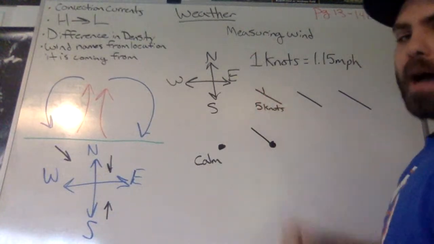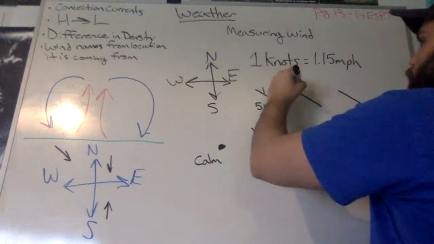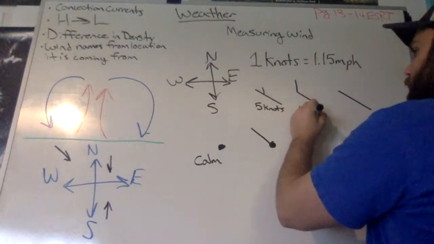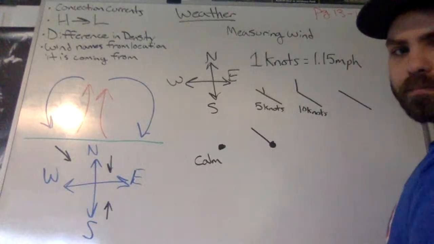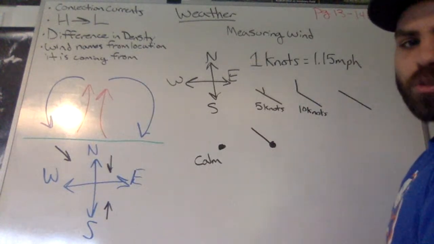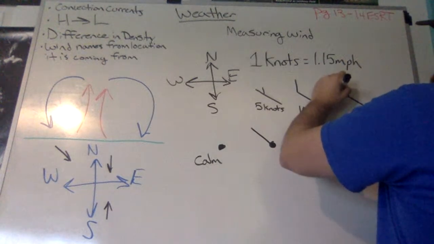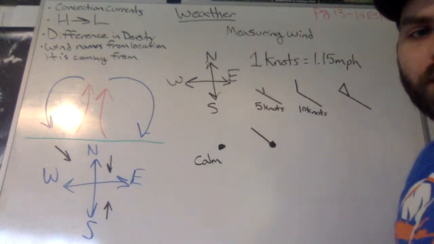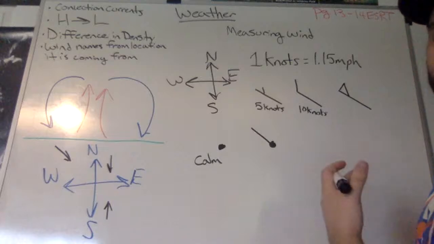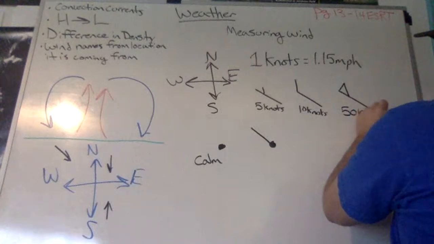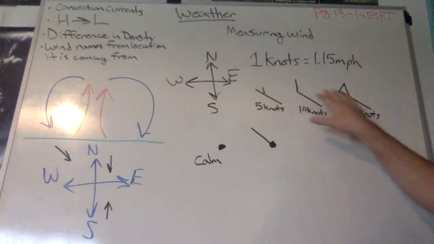Now, if you get a longer line at the end, that's actually going to be 10 knots. And the last symbol that they use is a flag at the end, a triangle. The triangle is 50 knots. So those are the 3 symbols.